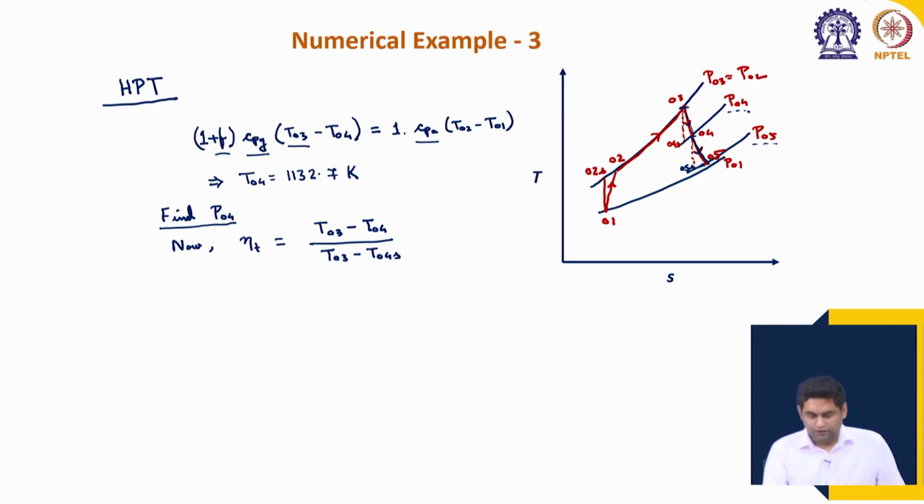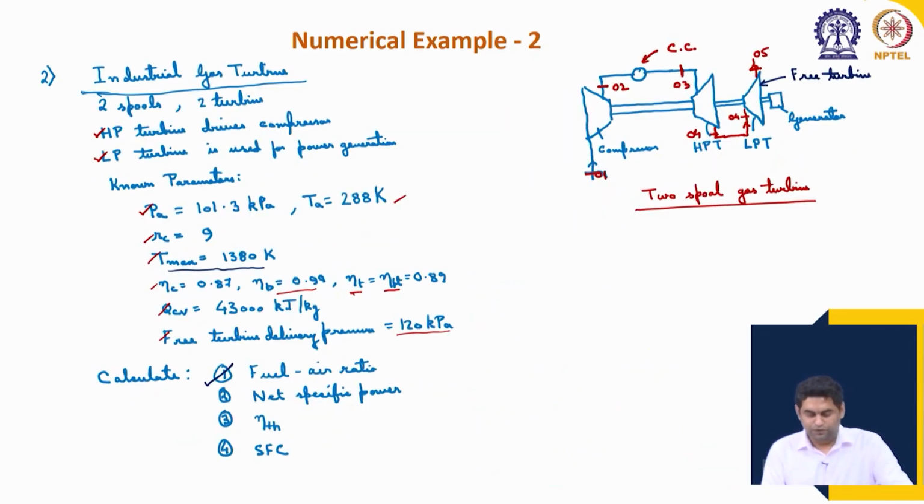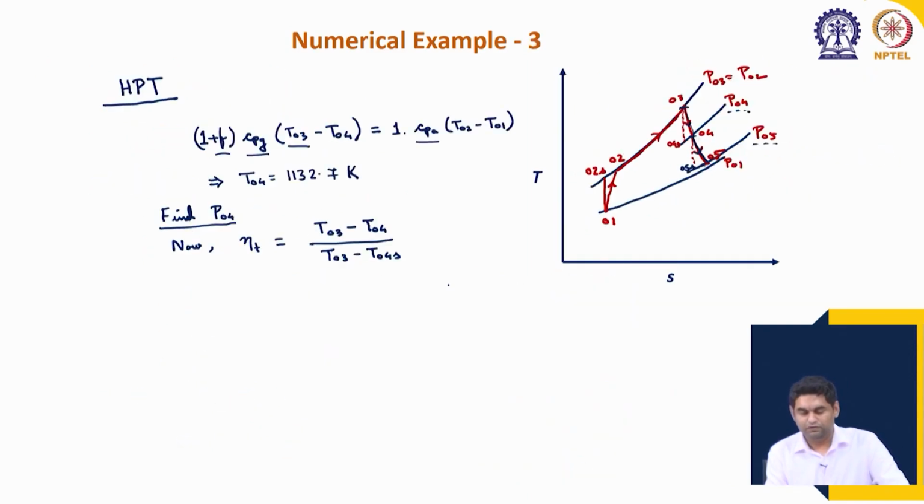Eta T has been given as 0.89, and T03 we have already seen, T04 we have calculated right now. So, only unknown is T04s, which will lead to the temperature and subsequently the pressure. So, T04s is 1102.13 Kelvin.